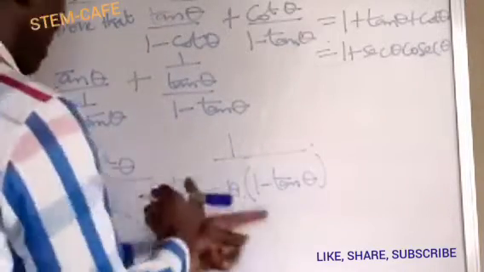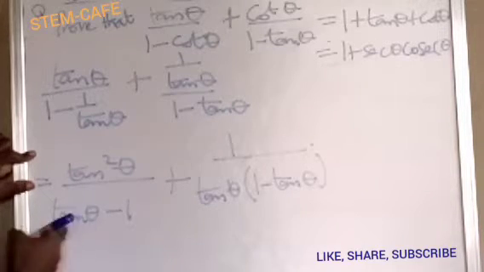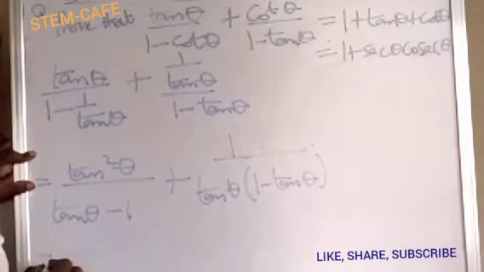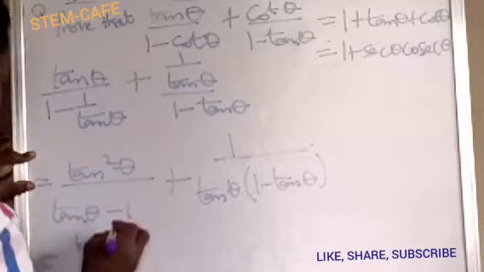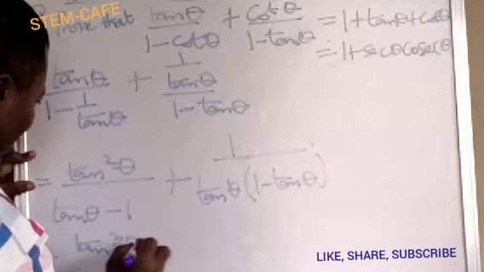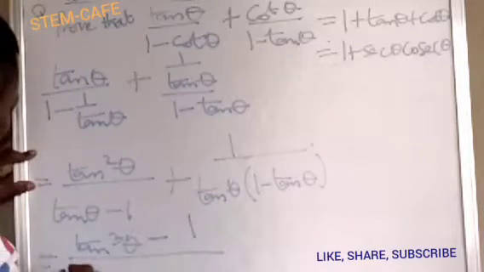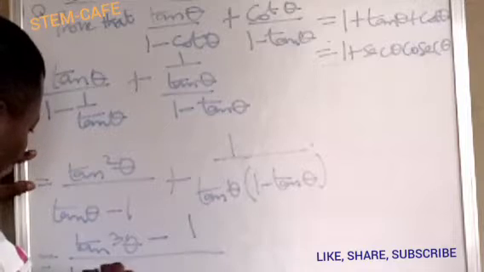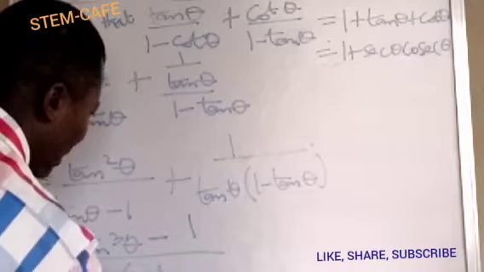Now, I would like to change this so that I can have this sign here change, so that the two will have a common denominator. That will give me tan cube theta minus 1 over tan theta into 1 minus tan theta.